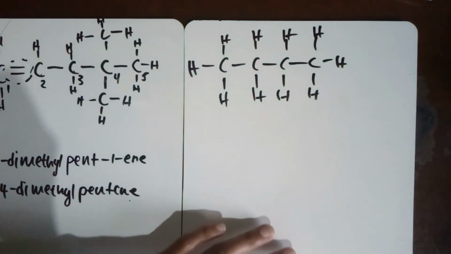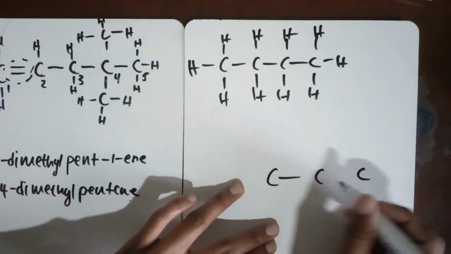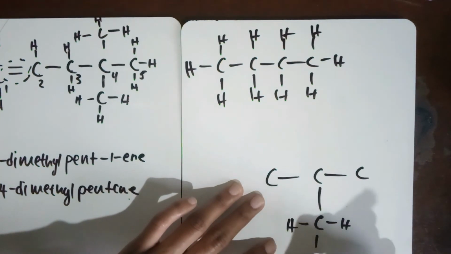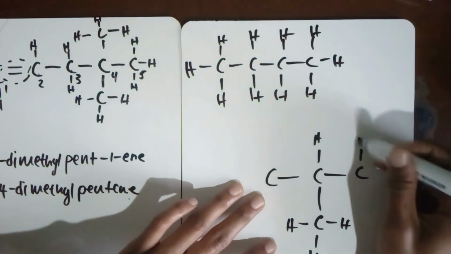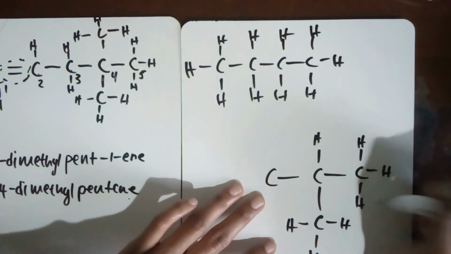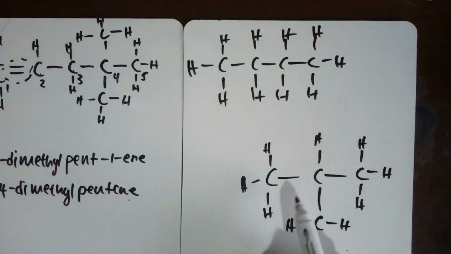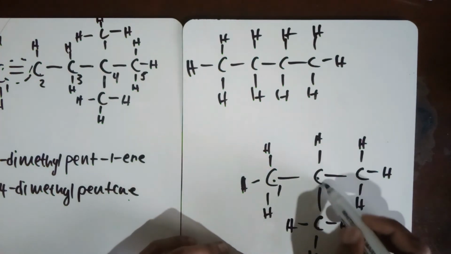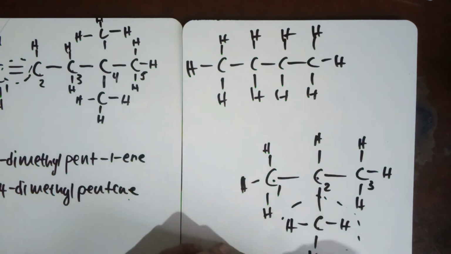And then let me draw another compound, and there on the second carbon we have an ethyl substituent. Our longest chain is 1, 2, 3, and then on this carbon number 2 we have a methyl substituent, so it's actually methyl, right?